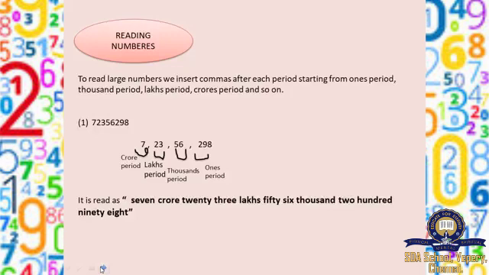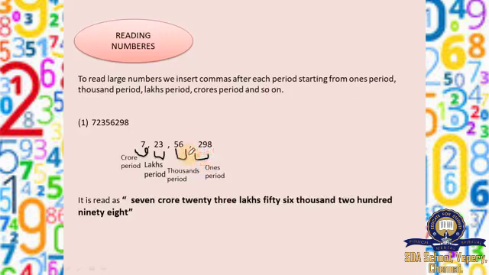Reading numbers. To read large numbers, we insert commas after each period, starting from the ones period, thousands period, lakhs period, crores period and so on. So the number is 7235628. We insert a comma after the ones period. Ones, tens, hundreds together are called the ones period.